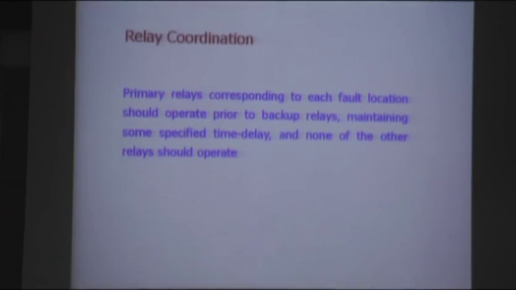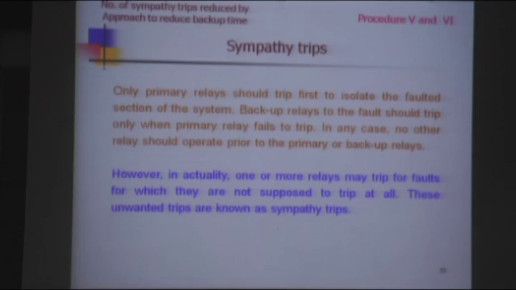This is not the only problem. That means the complexity of the problem is not only what I described so far regarding the primary and backup relay. There is one more problem, in the form of sympathy trips. Sympathy trips means the fault is, let us say, near a load point, let us say near this college. So the protective elements should operate near this location only, and only that small part should get power off.